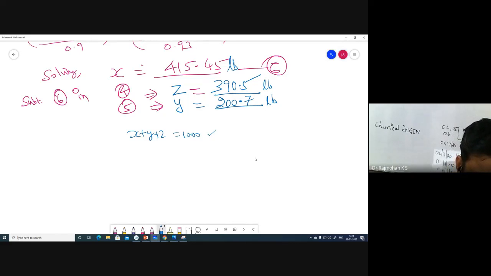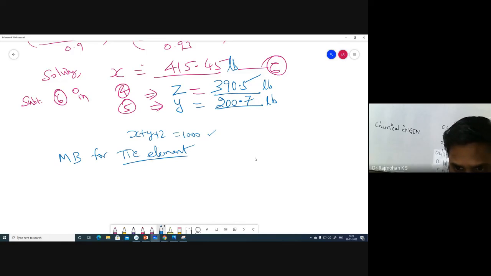So we have the values reported here. Okay, what you have to verify, a better way of verifying is doing material balance for the tie element. We have defined what is a tie element, the key component.